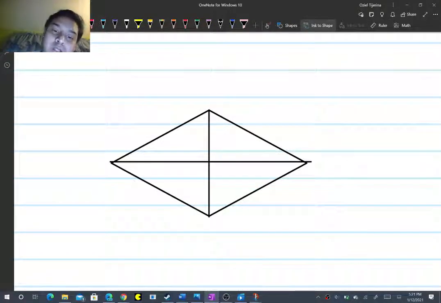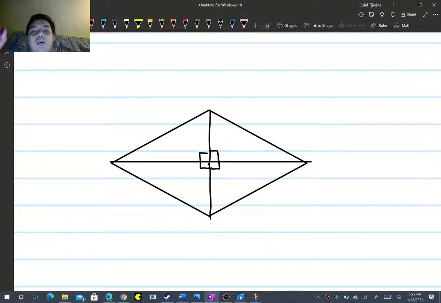And if we look at these parts, we can see that they form right triangles. You can see that they form right triangles here.